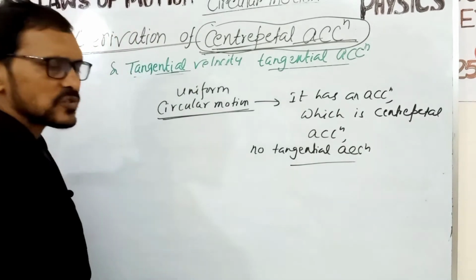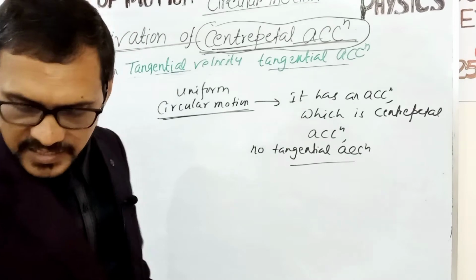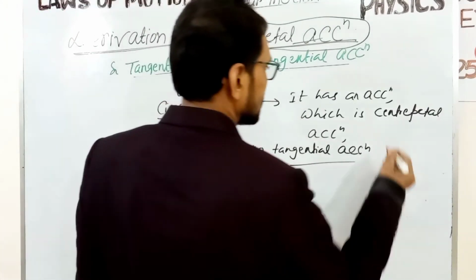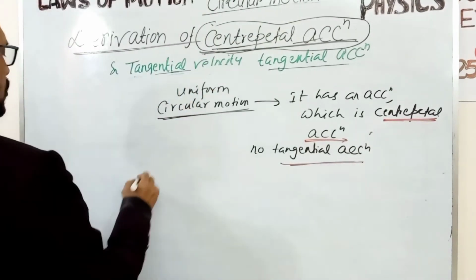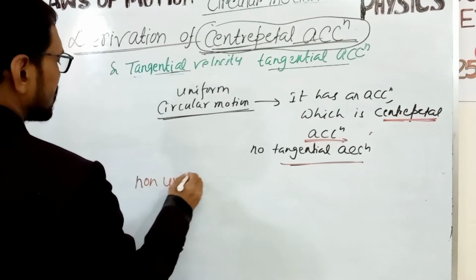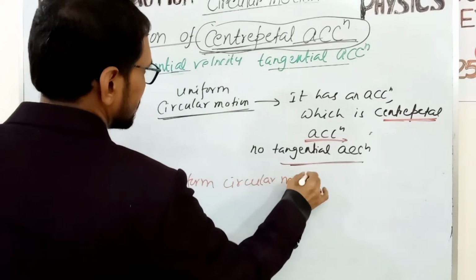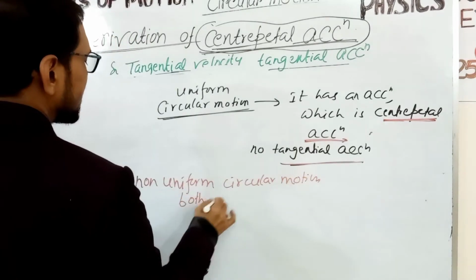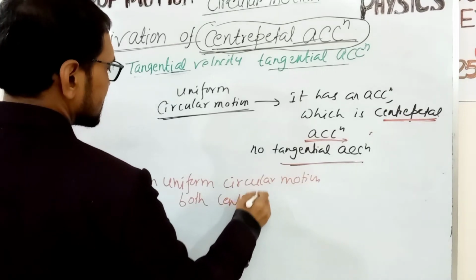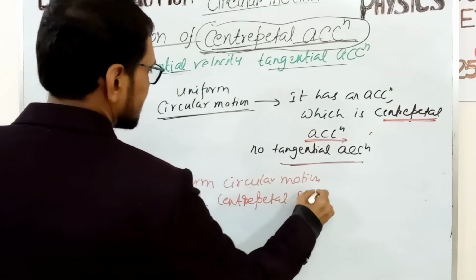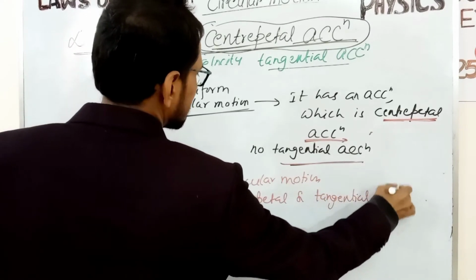That acceleration is only centripetal acceleration, no tangential acceleration is present. But in non-uniform circular motion, both centripetal and tangential acceleration are present.